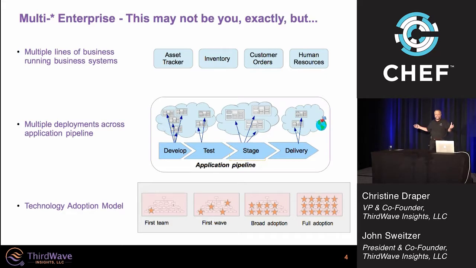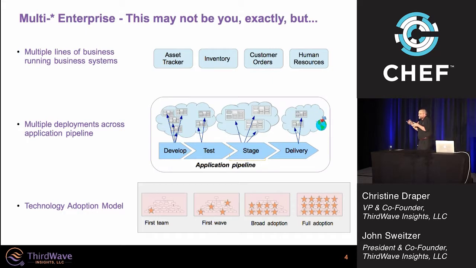This means there are multiple lines of business, and those lines of business have different IT systems they're working with. Those IT systems are of a complexity that there are multiple deployments of them through a life cycle. Here we're illustrating the notion of life cycle or pipeline in terms of development, test, staging, and delivery.